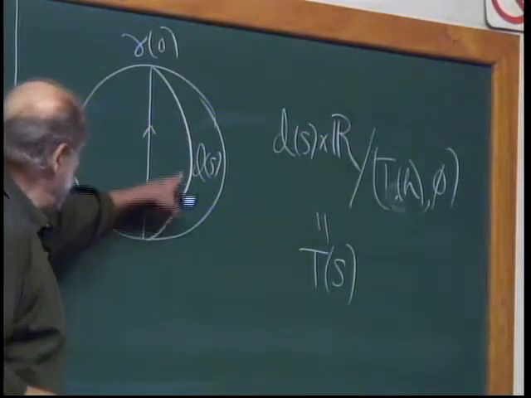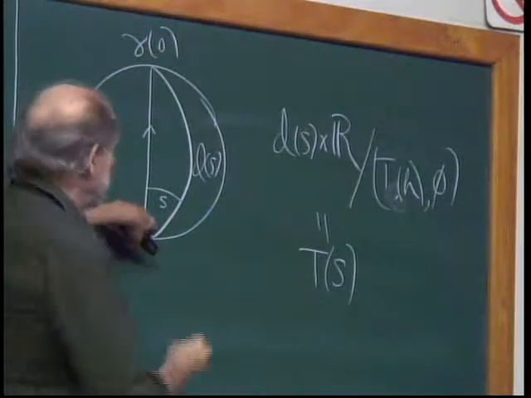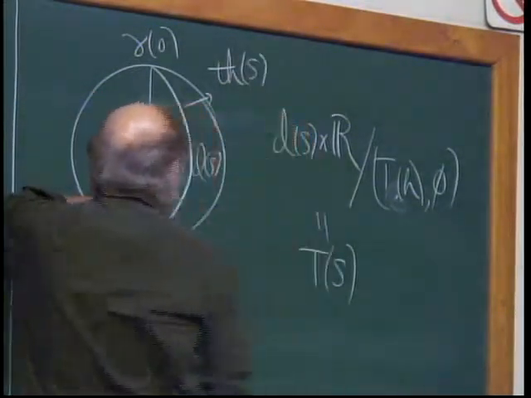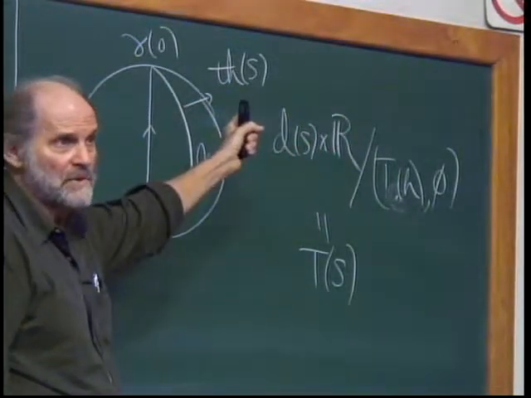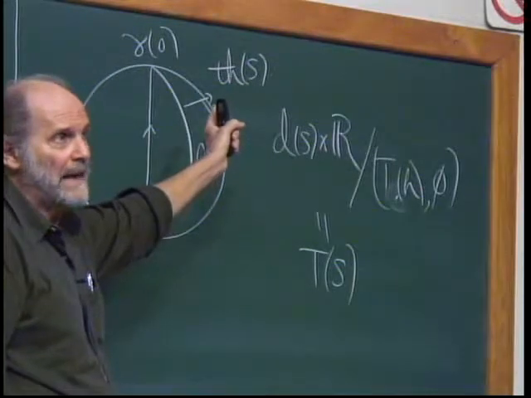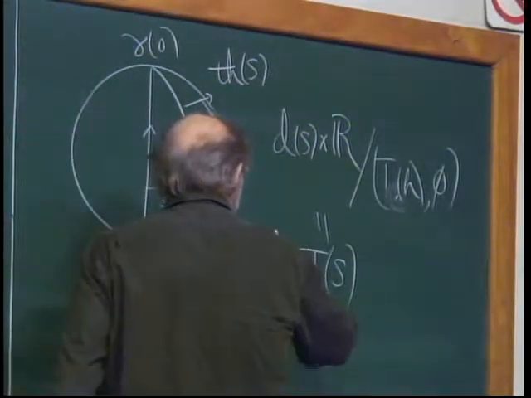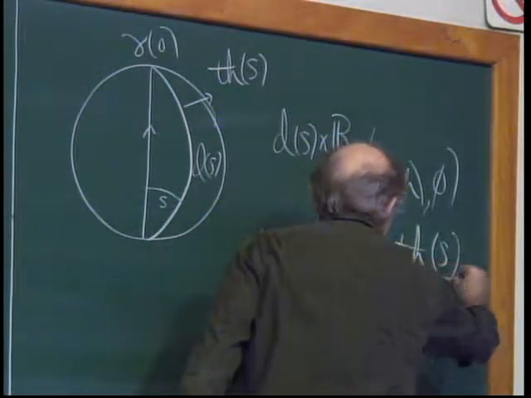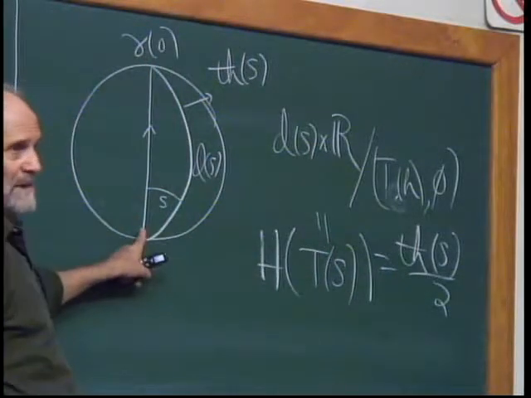Well, the geodesic curvature of this equidistant curve is given by hyperbolic tangent of S. If I take the product of that with R, I get a constant mean curvature surface whose mean curvature is hyperbolic tangent of S over 2. So this torus has mean curvature hyperbolic tangent S over 2. When S is 0, that mean curvature is 0.